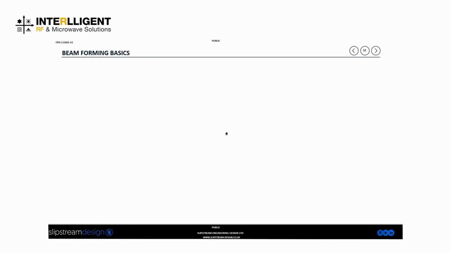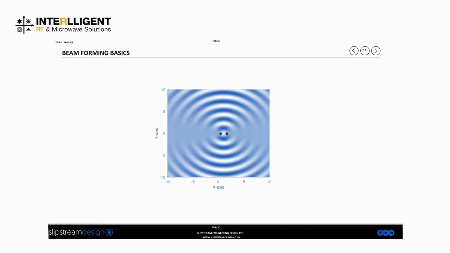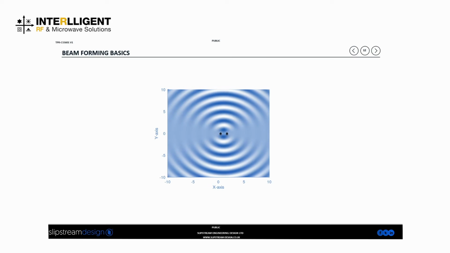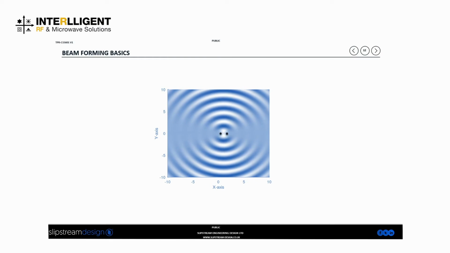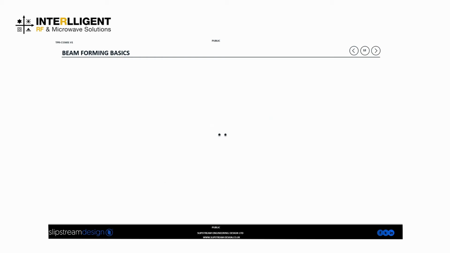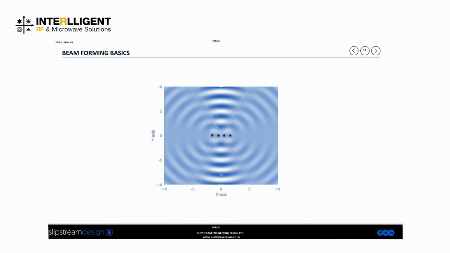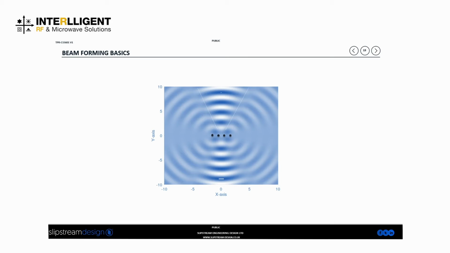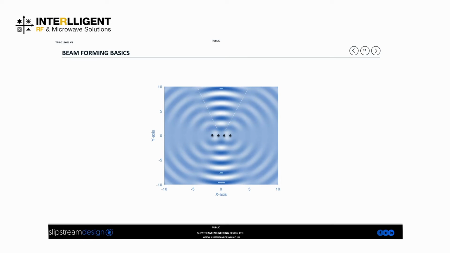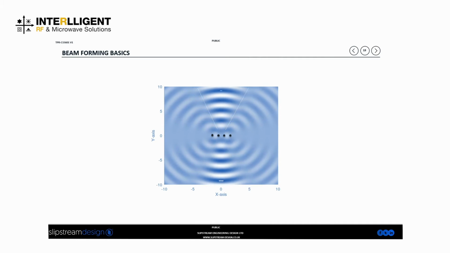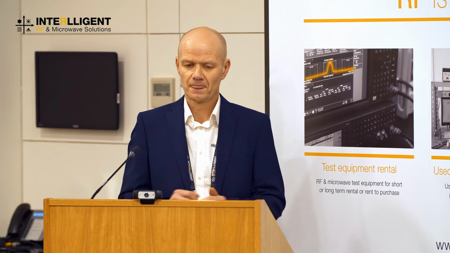But if we just add another emitter, we can immediately see we're starting to get some cancellation out to the sides and some addition. And we're starting to see a beam forming, even just with the two antennas. And if we increase that up to four antennas, if you use your imagination, you can see a beam propagating in both directions. Normally, in a system, you'd only have the forward-going wave, but this just shows the fundamentals.